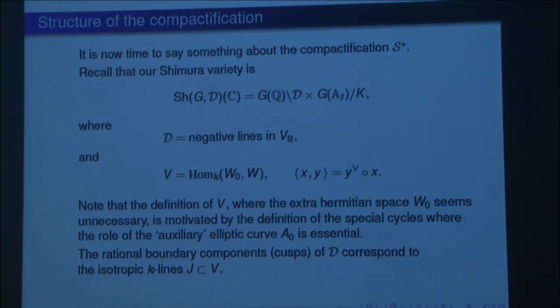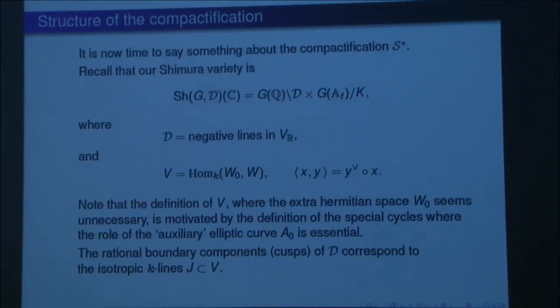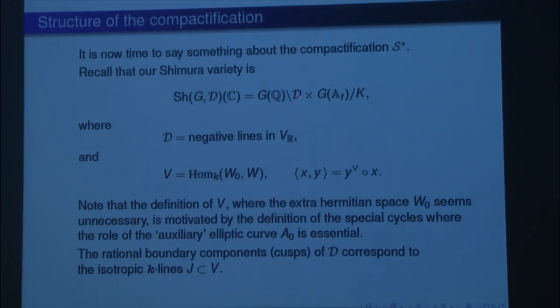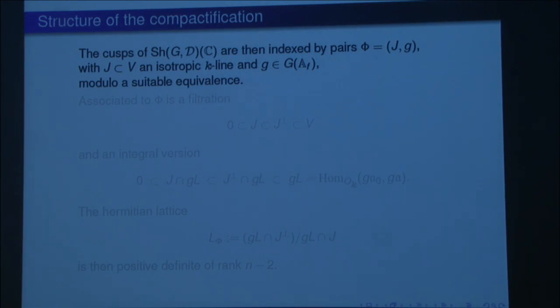And so to each such line, so the cusps, since this is an adelic quotient space, to index a cusp I not only need a rational boundary point of D, but I also need some g which tells you which coset, which offset you're in. So that means that the cusps are actually indexed by pairs consisting of a rational isotropic line and an element of G(A_f), which tells you where you are inside of the adelic quotient, modulo some equivalence, which I won't write down, but you could figure out right now.